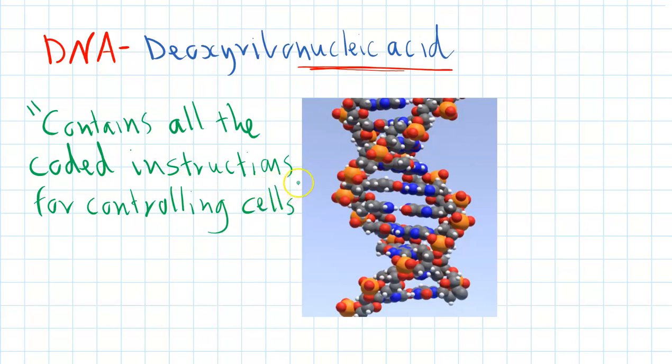So you can think of it like it's the instruction manual that's kept inside every cell. And you can see here's a diagram of the actual molecule of DNA itself. And you can see the individual atoms that make it up. And we'll learn about those specific molecules that make up DNA in later levels.